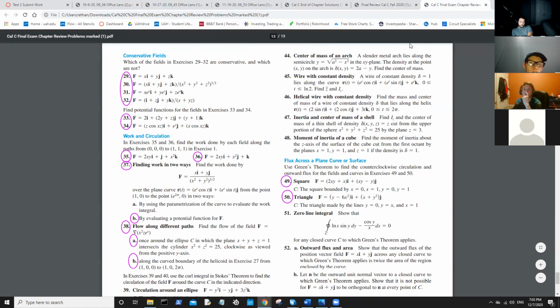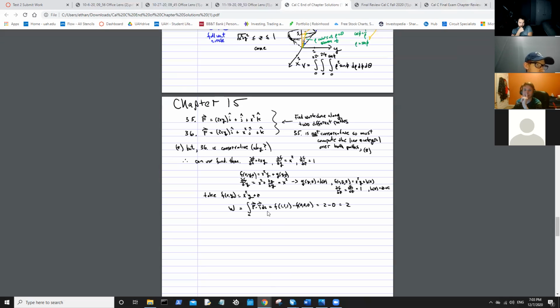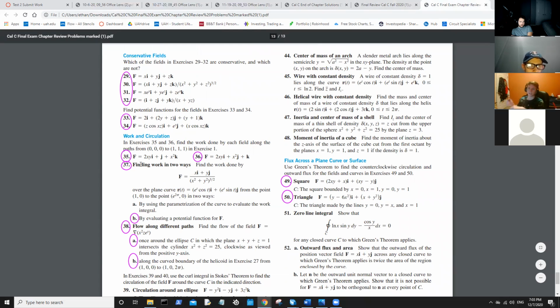Well, yes and no. So basically, we're going to find the potential function for this and then plug in from b to a. Okay, so let's find the potential function then.